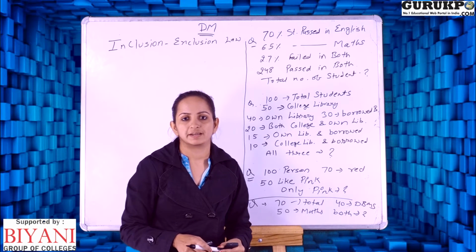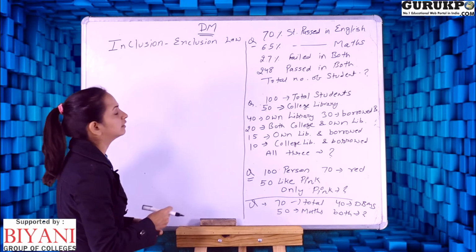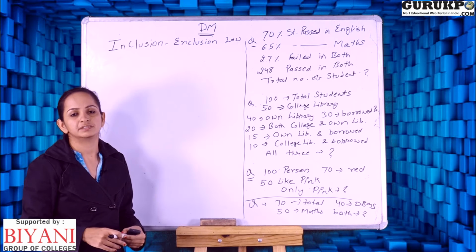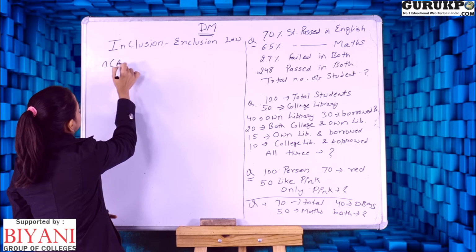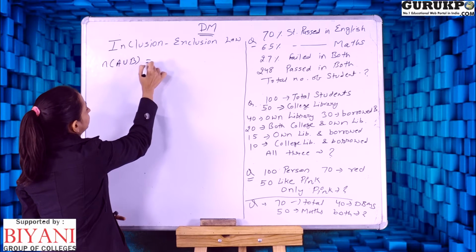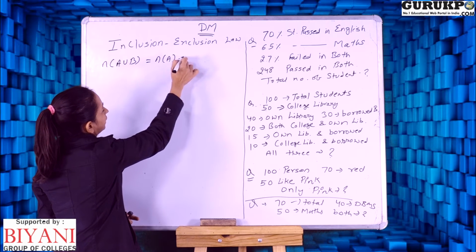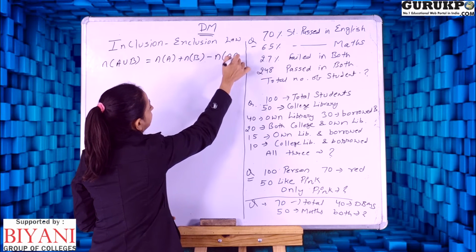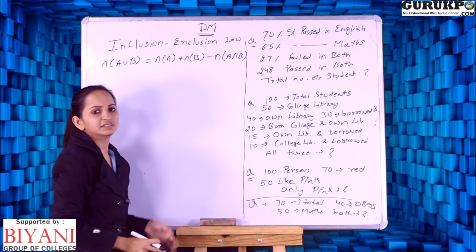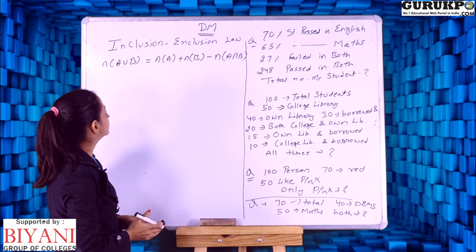What does this law say? If you want to find the number of elements in the union set, the statement of the law is that n of A union B is equal to n of A plus n of B minus n of A intersection B. This is the statement of the inclusion and exclusion principle.